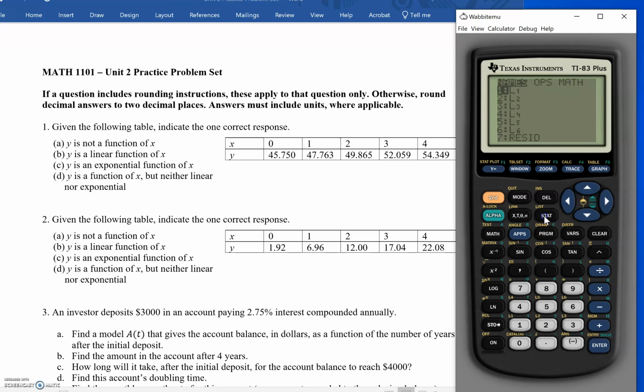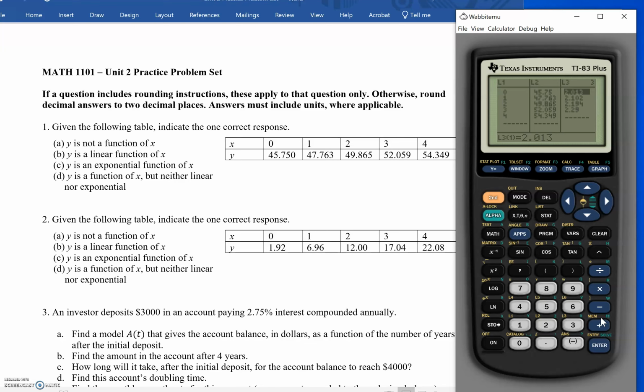So delta list L2 divided by delta list L1, and we can see from the data that the average rate of change is not constant.